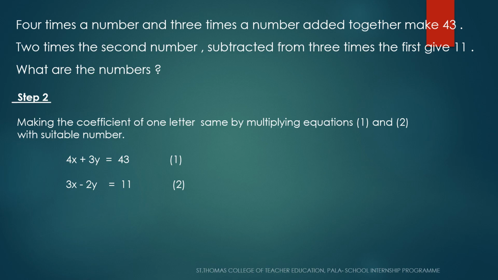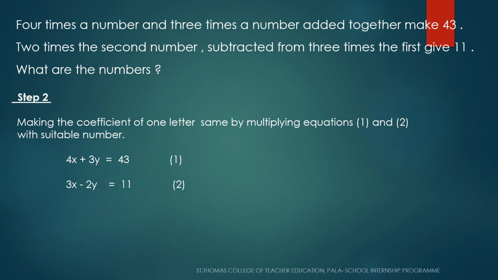Okay, let's take the letter y. Now tell me, how will you make the coefficient of y in both these equations same? Okay, in equation 1, what will you do? We have 3 and 2. So how can you change this 3 into a number? By multiplying by what number?